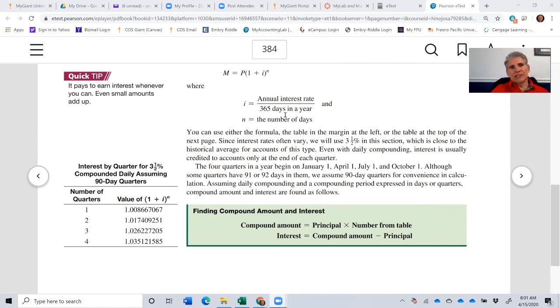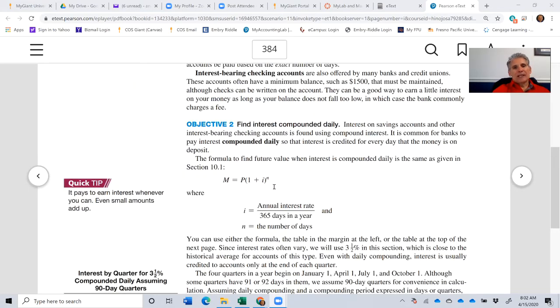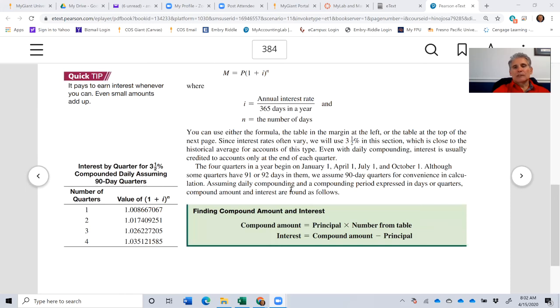Before it could be years, it could be months, but when we're talking about daily interest, n is the number of days. Now, because the i gets a little bit more complicated than normal, we do like to use tables more frequently.